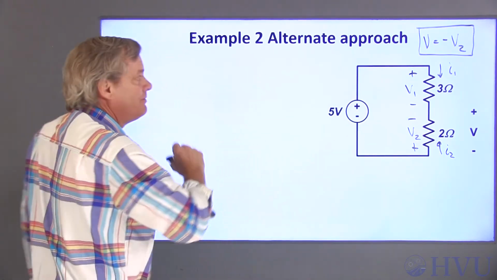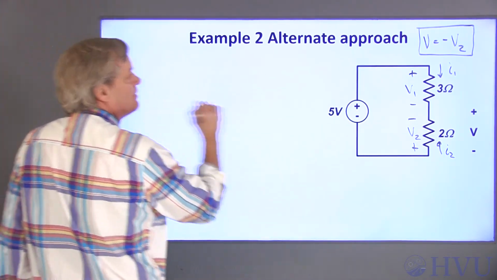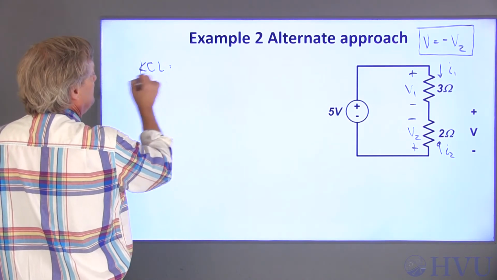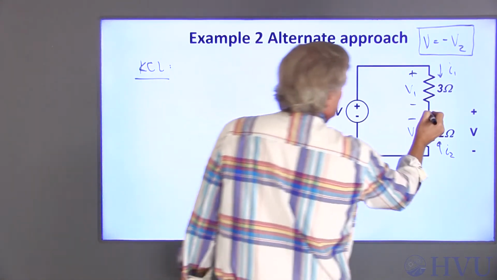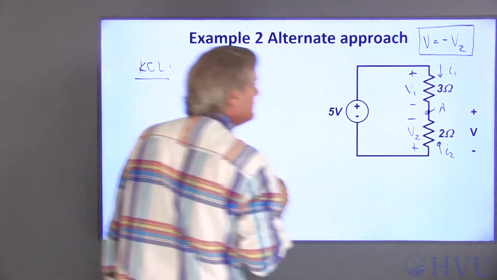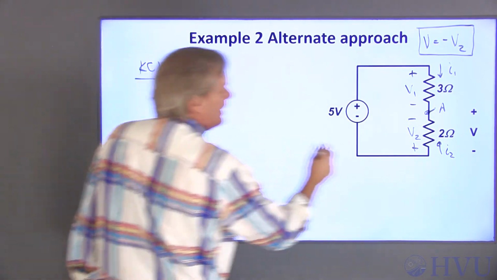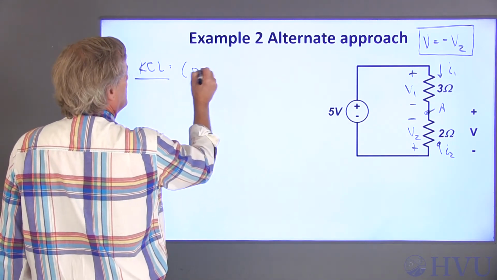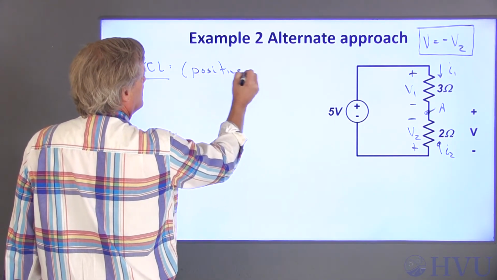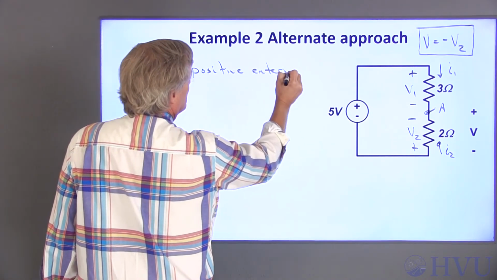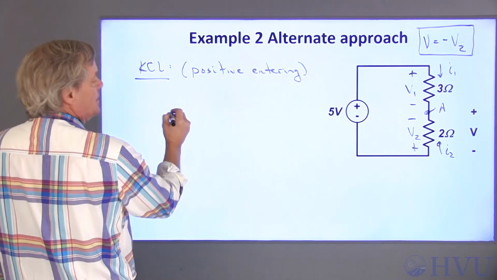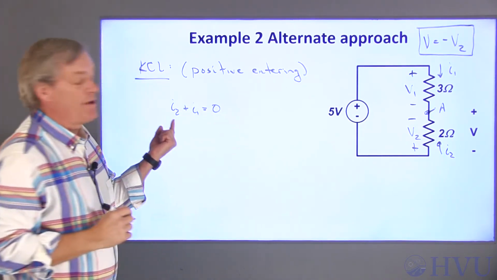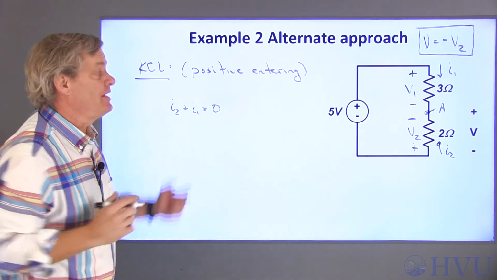Now I have 4 unknowns. 4 equations are necessary to solve for that. I'll start out with KCL again. If I do KCL at this node here, KCL at A says if positive currents are entering the node, I2 plus I1 is equal to 0, so one or the other of these is going to have to be negative.